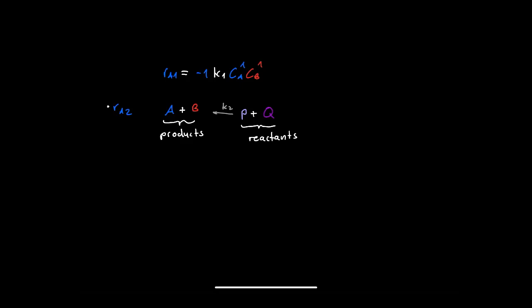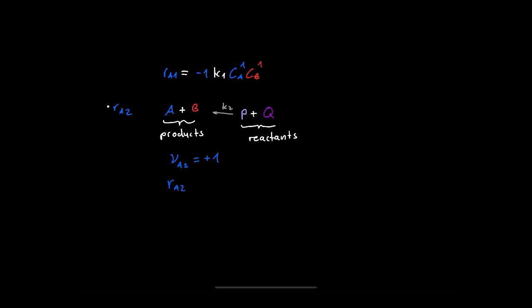So in this case, the stoichiometric coefficient of the species A for the reaction RA2 is going to be equal to +1. Because in this case, A is a product.